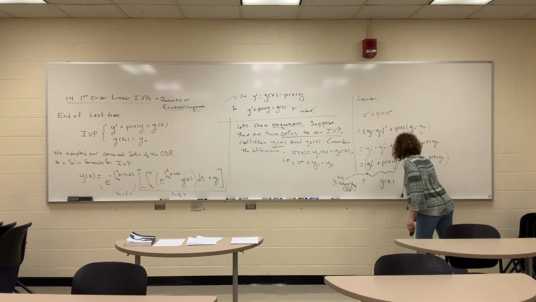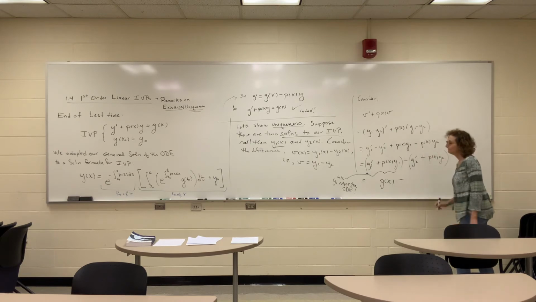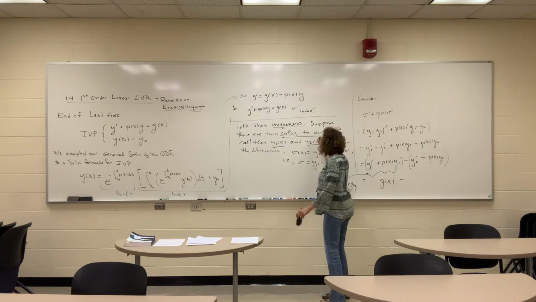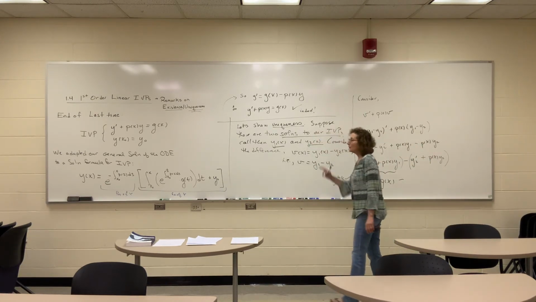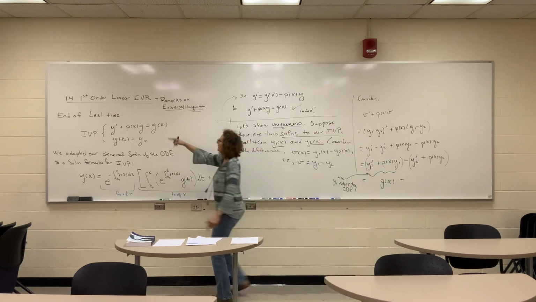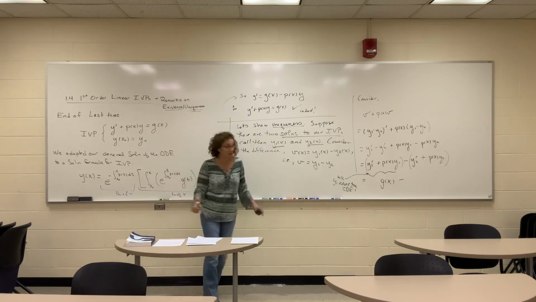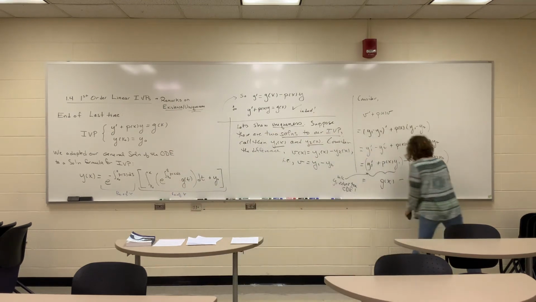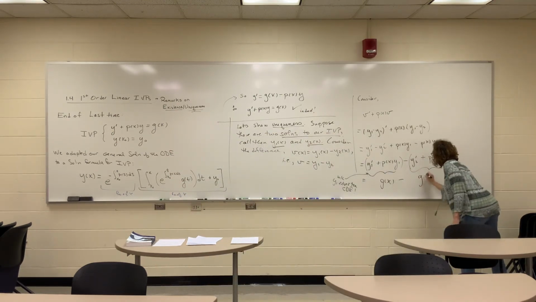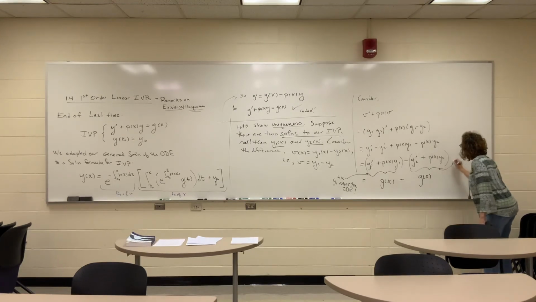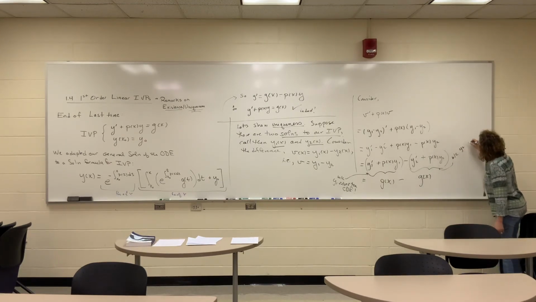But what do we know about y2? Well, y2 solves the ODE. So what does y2 prime plus p of x times y2 have to be? Also this exact same g of x. This is also g of x. Why? Because y2 solves the ODE.